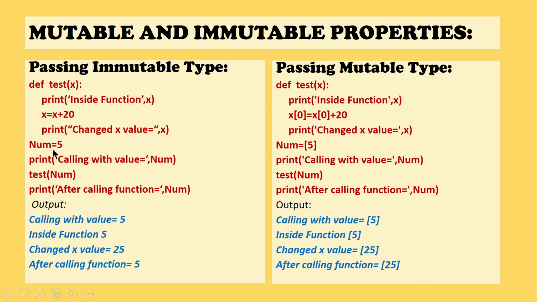No, it is not. In other programming languages, this method of calling a function is called call by value. The changes made to the formal parameter are not reflected back to the actual parameter. Num is the actual parameter, and it is not reflected back.